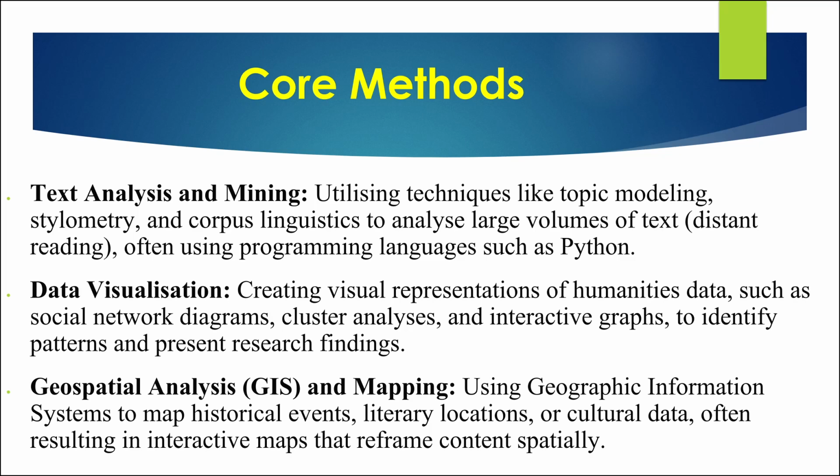Data visualization, creating visual representations of humanities data such as social network diagrams, cluster analysis, and interactive graphs to identify patterns and present research findings. Geospatial analysis and mapping, using geographic information systems to map historical events, literary locations, or cultural data, often resulting in interactive maps that reframe content spatially.